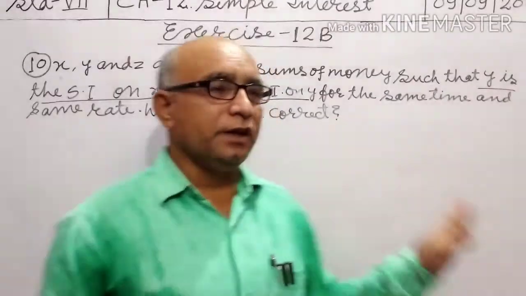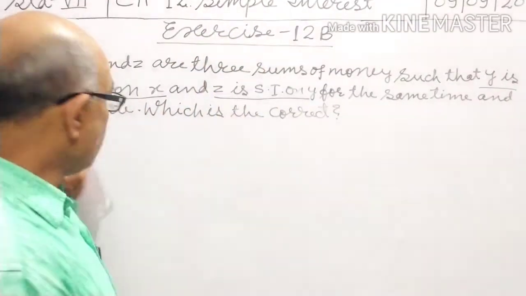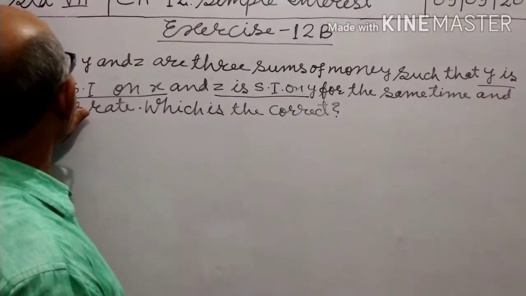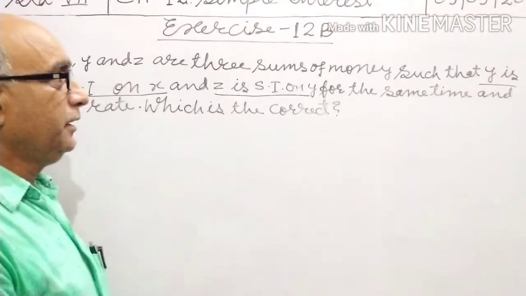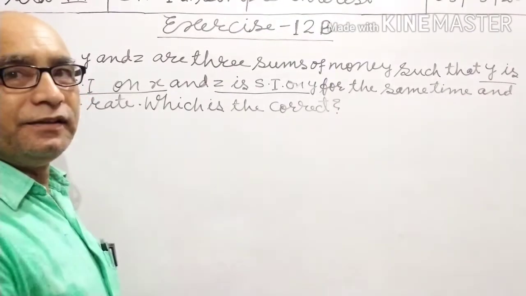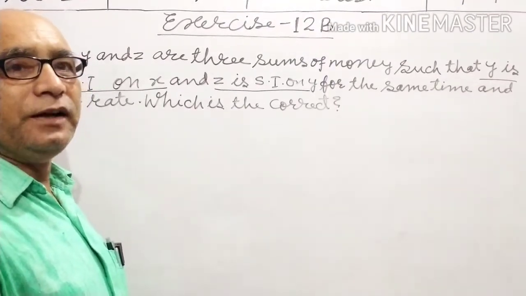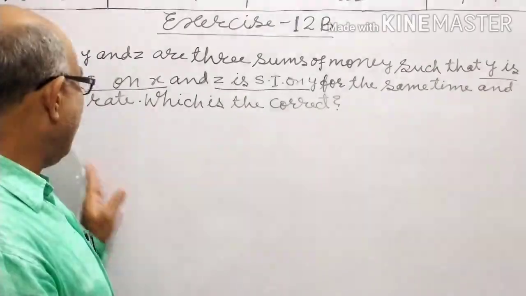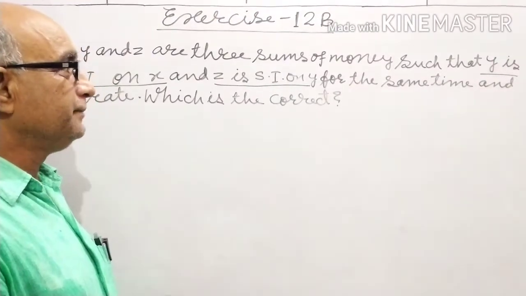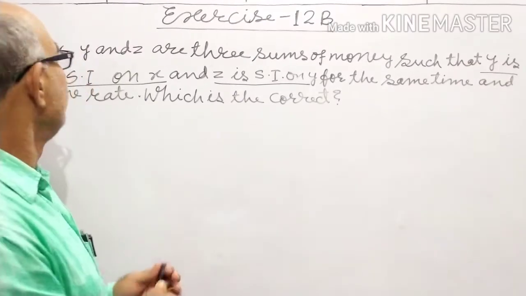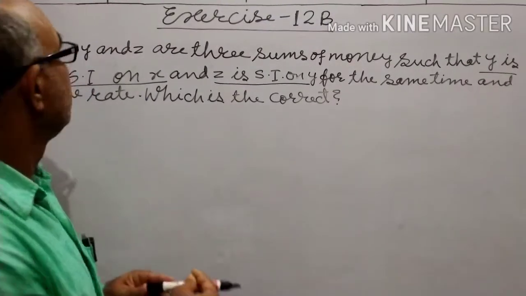Students, next question is question number 10. It is a very important question. X, Y and Z are three sums of money such that Y is the simple interest on X and Z is the simple interest on Y for the same time and same rate.